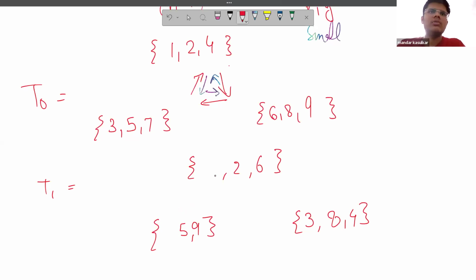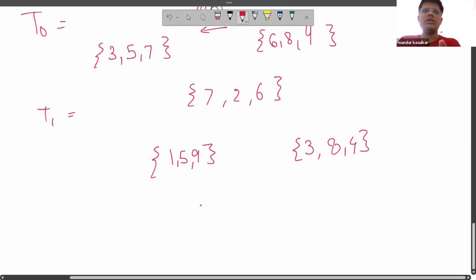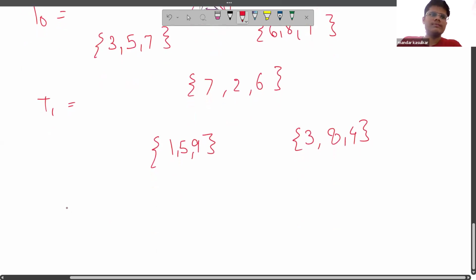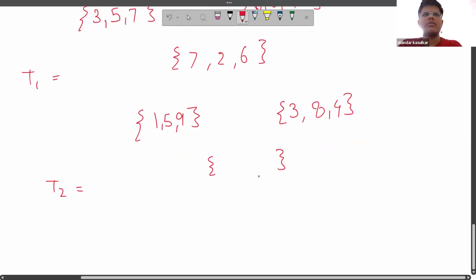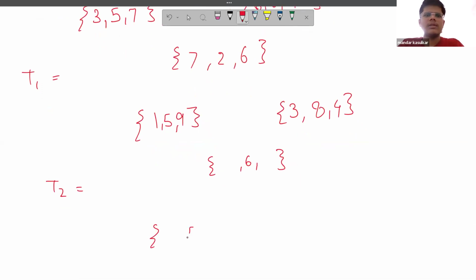And now 7 goes here. 1 comes here. And then we do this again. This is correct, right? I did not make any calculation mistakes, did I? Wait, is someone checking my calculations?